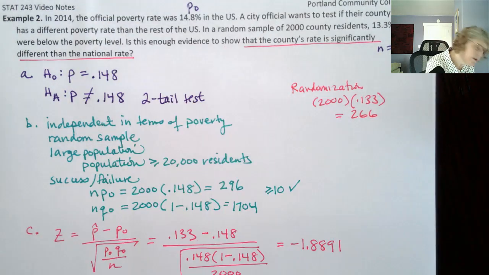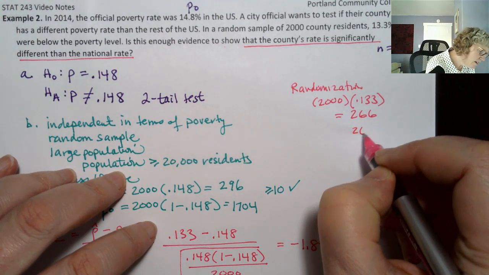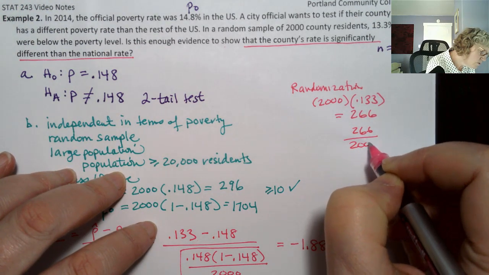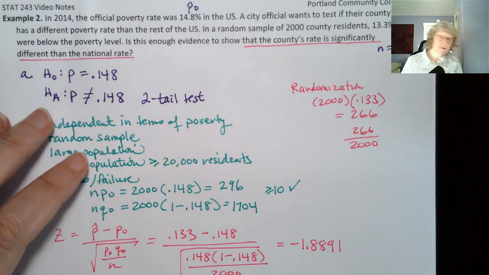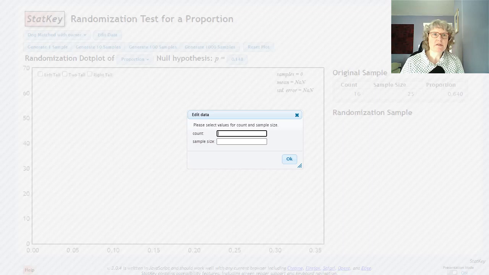Okay, actually came out as a whole number for once. Okay, so then that's telling me 266 out of 2,000. Oh, probably because it was 2,000. So let's go back there. Our count is 266 out of 2,000.